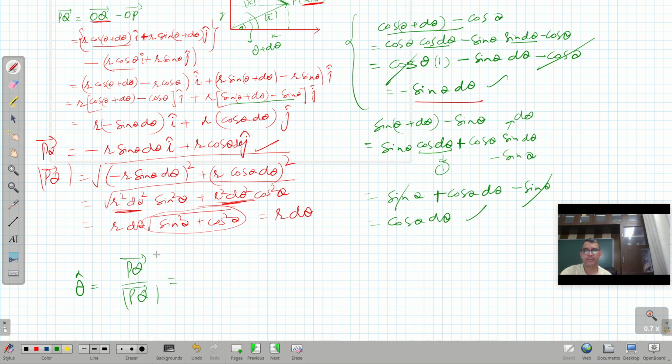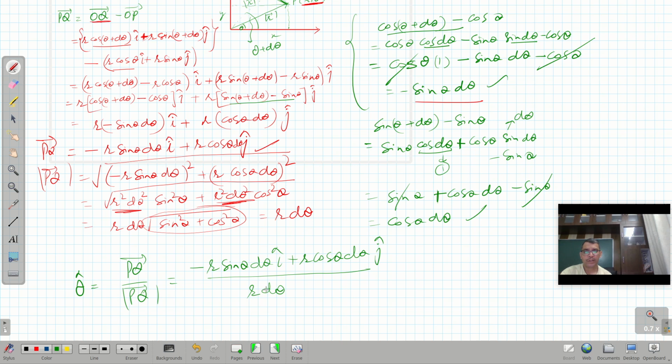PQ vector is this one, minus r sine theta d theta I cap plus r cos theta d theta j cap, and its magnitude we have calculated as r d theta.